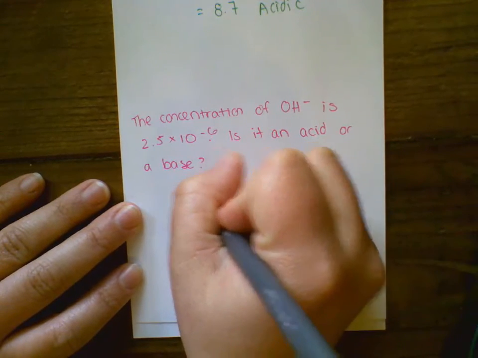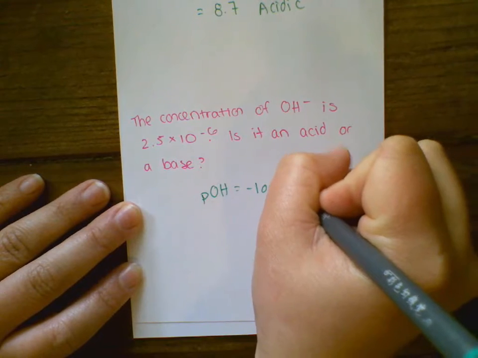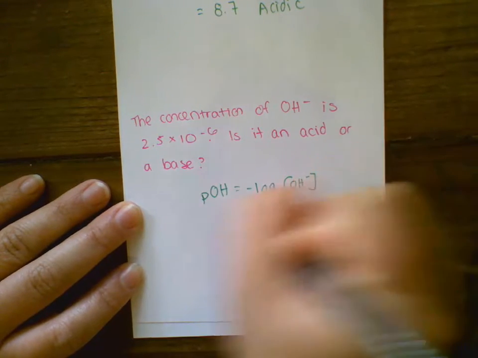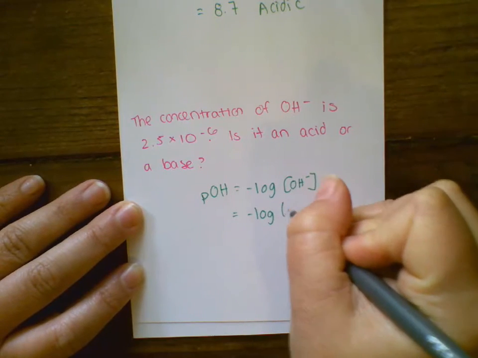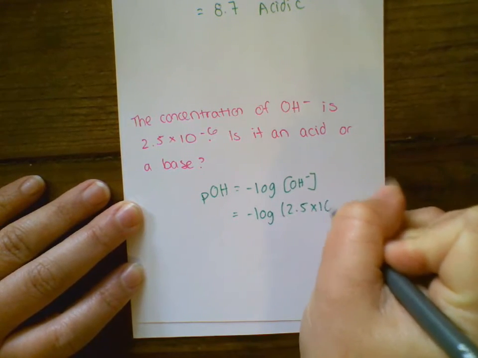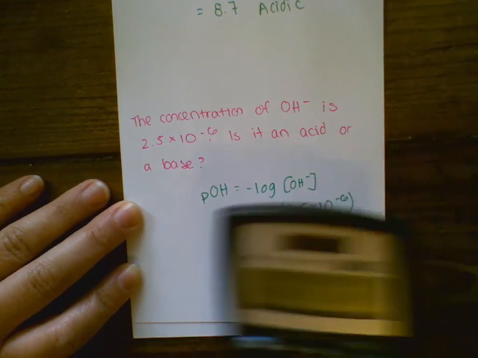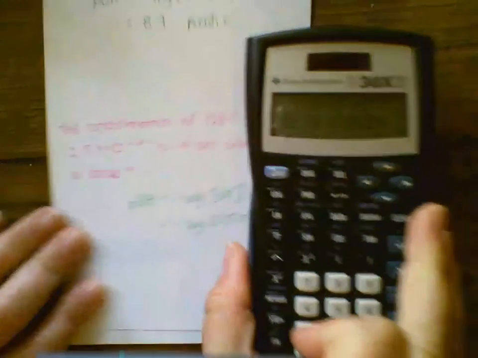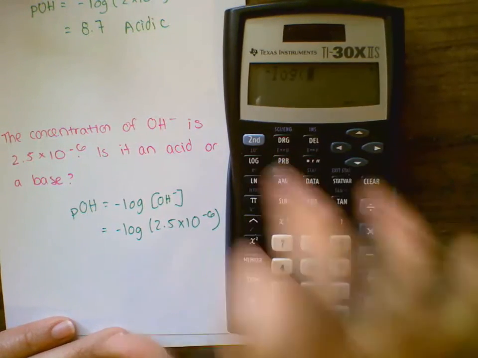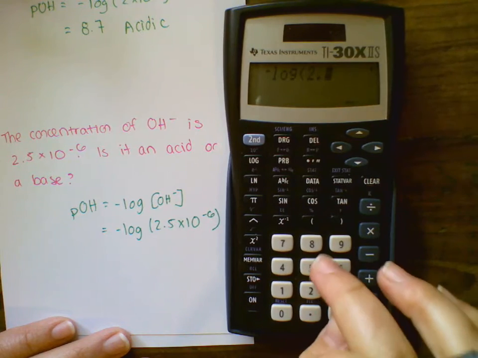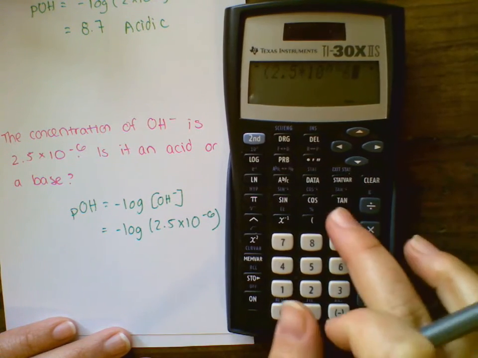So pOH equals the negative log of my OH minus, so negative log in this case of 2.5 times 10 to the negative 6th. Get out my calculator here. Let's put that in. So negative log of 2.5 times 10 to the negative 6th.